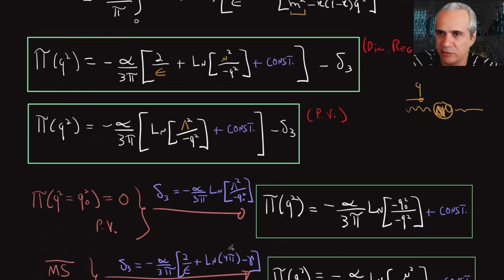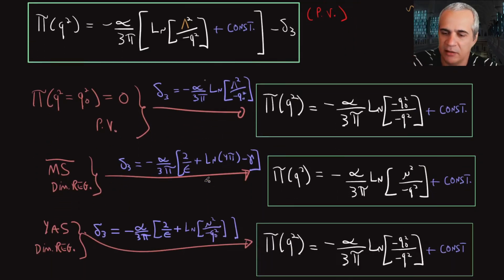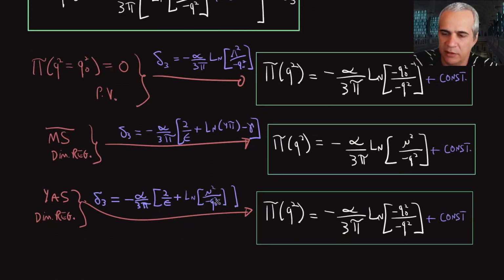The moment I subtract, I'll do away with mu and replace it by q naught, and also eliminate the 2 over epsilon, which is the only thing I really have to do to have a finite quantity, right? Now, you see, this is exactly the same as just taking this MS bar scheme and reinterpreting mu as the reference scale.